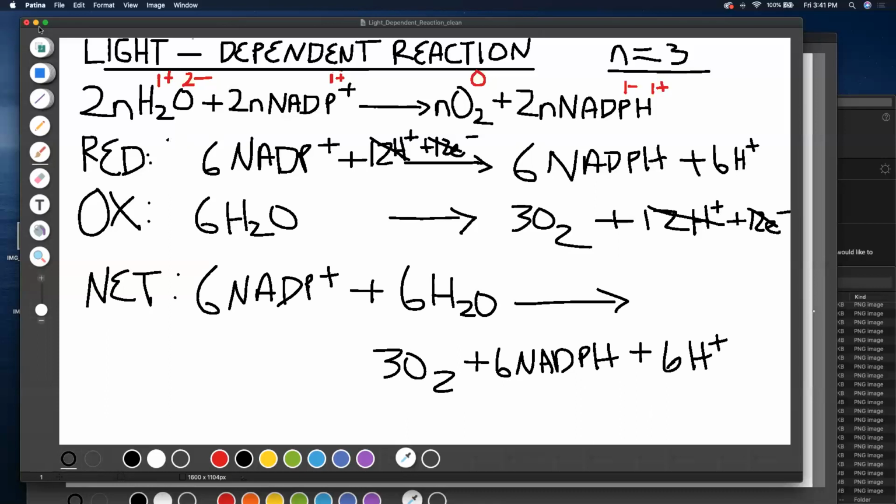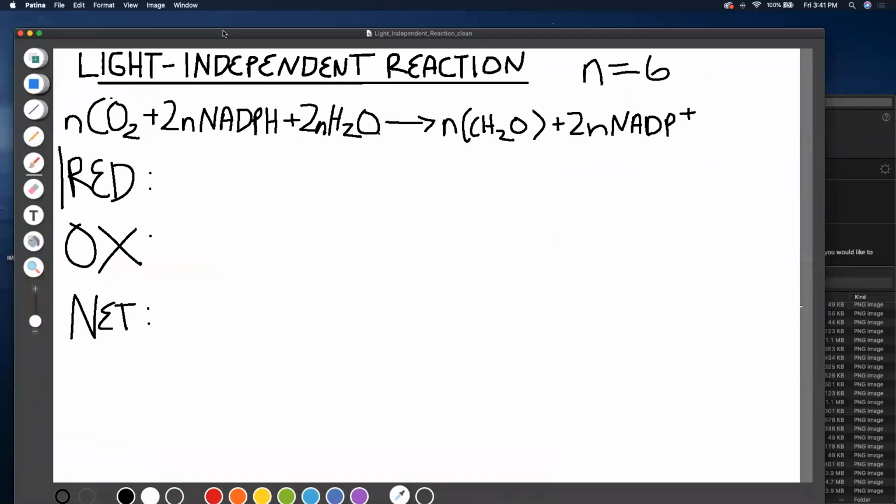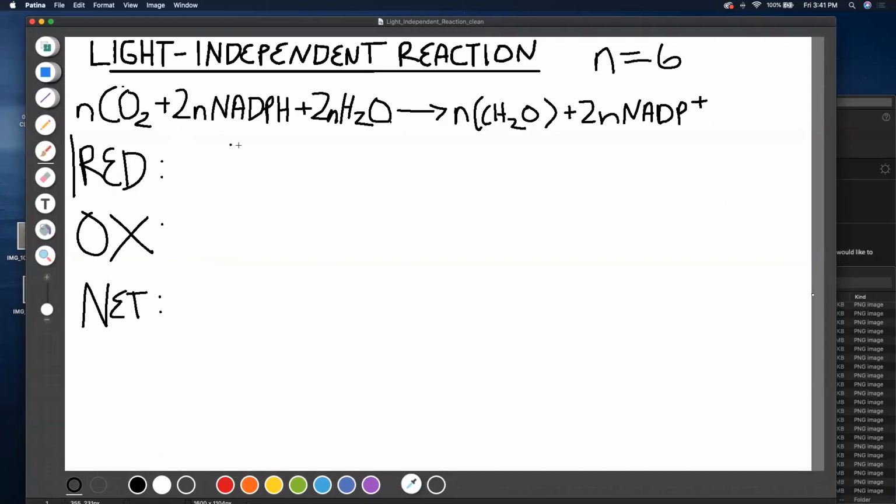Okay. So lastly, let's look at the light independent reaction. So here we have a lot of stuff going on. We have CO2 and NADPH and water going to CH2O, which if you have 6 of these, you end up with the glucose and then your NADP plus.